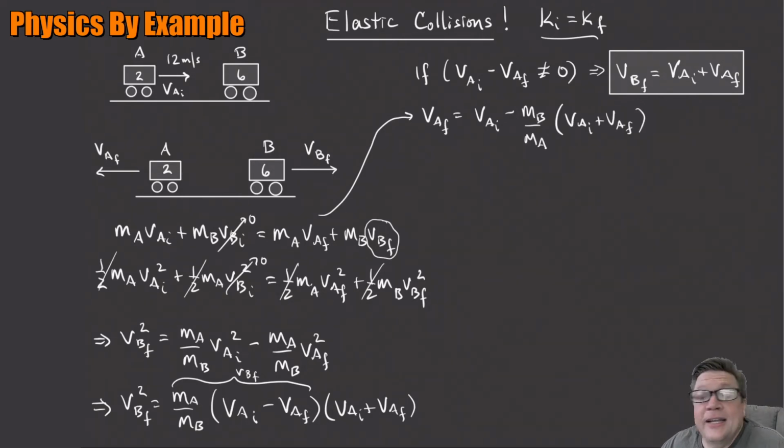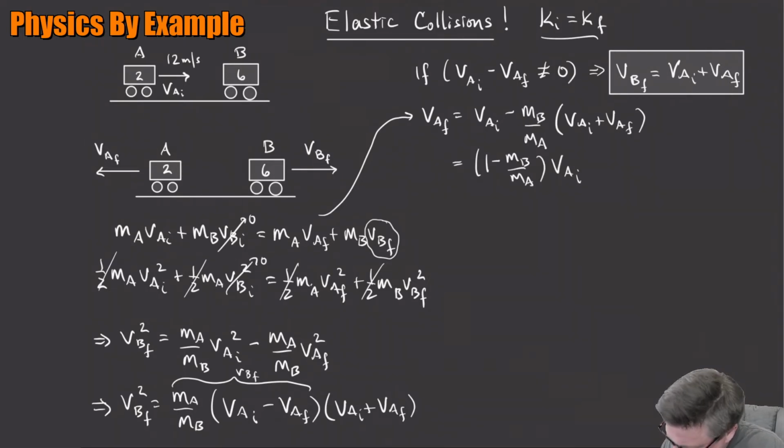Now I can collect the like terms. On the right-hand side, this is going to be 1 minus MB over MA times VA initial. And the final over there is going to be a 1. If I collect the terms and then divide, I'm going to have a 1 plus MB over MA, times VA final.